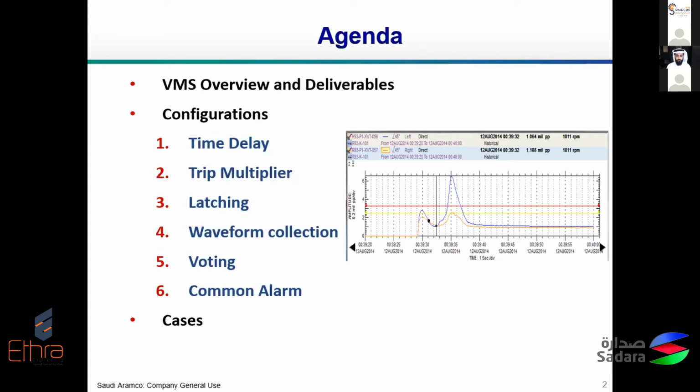Then we will go to the core of the presentation, which is the configurations. We'll go through 6 items in the configurations. These are related to time delay and trip multiplier, which are very important for the machines, especially during startup of these machines. Then we are going to go to the rest of the configurations.